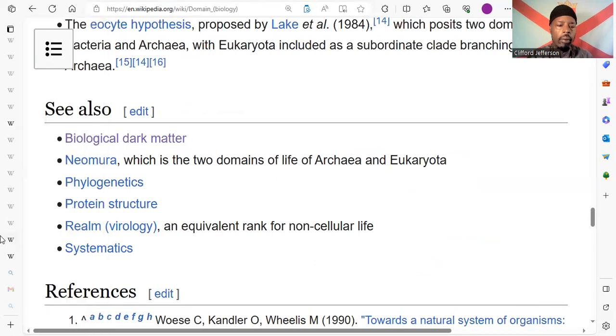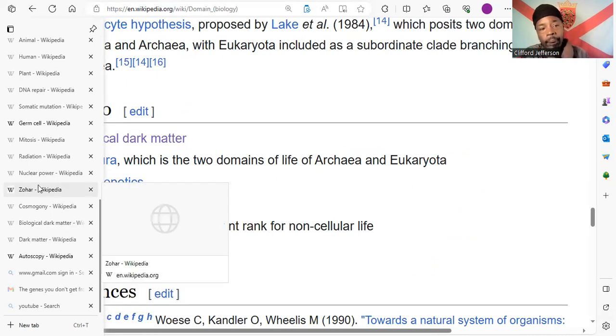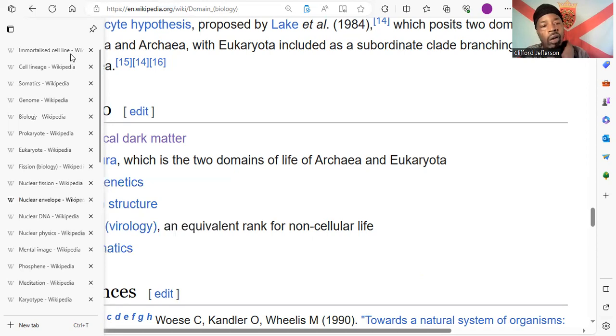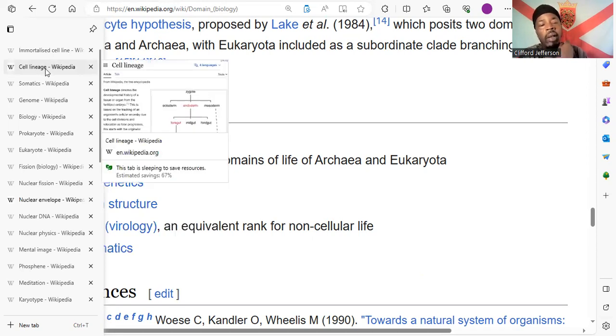All right. In closing, we know that they say cell lineage gives us the ability to biologically become immortal due to the understanding of our makeup, our biology, our physics.